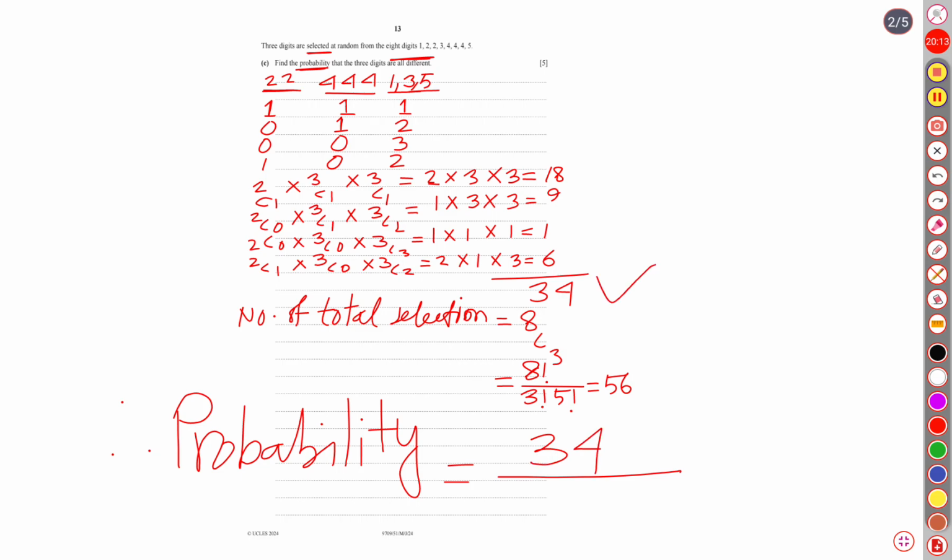Required selection is 34 and total number of selection was 56. So if we divide 34 by 56, it is going to be 0.607. I think you have understood how to find or how to select the particular number of digits or letters from the given scenario.